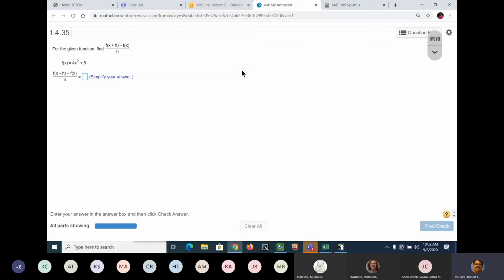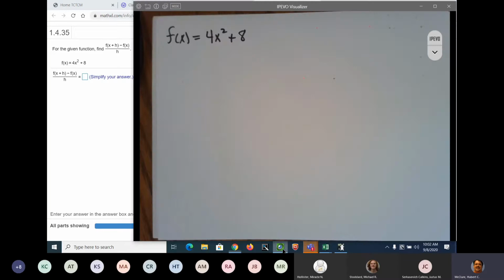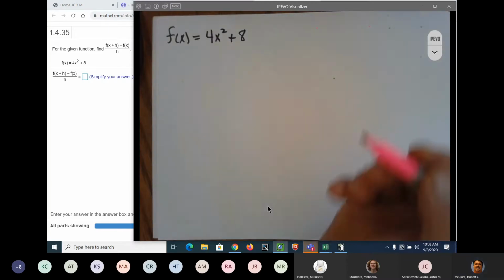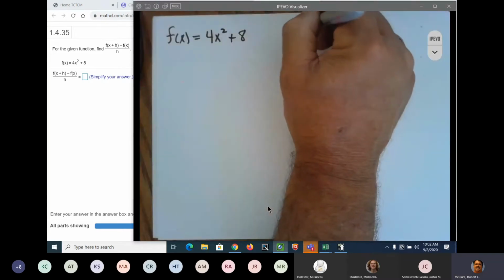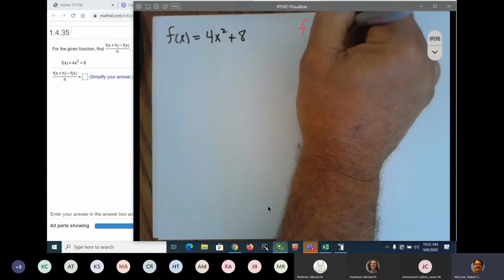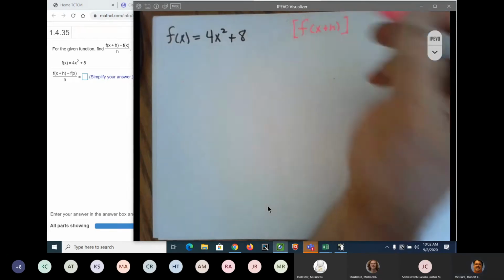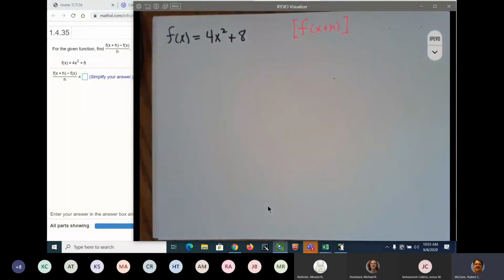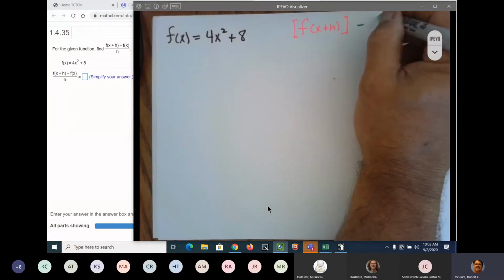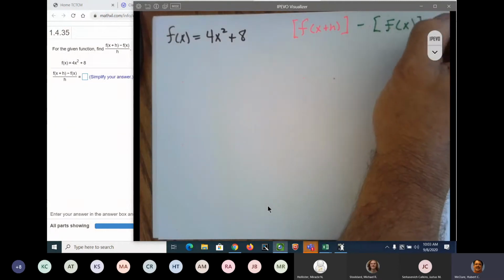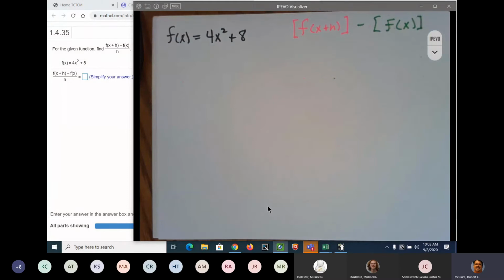Okay, f of x is equal to 4x squared plus 8. And f of x plus h minus f of x over h.